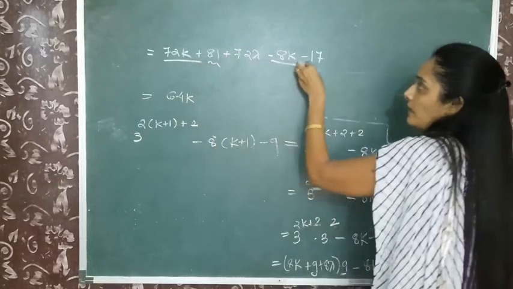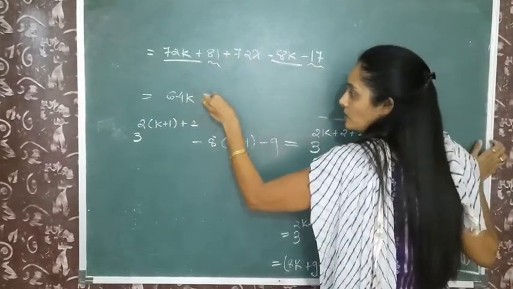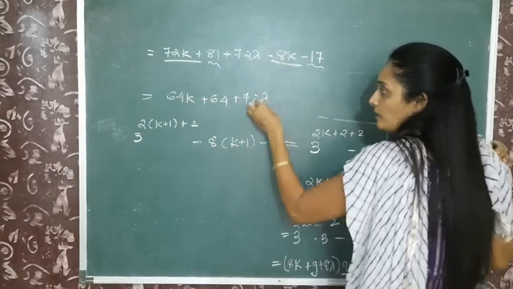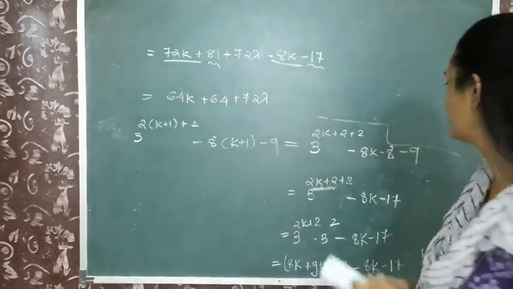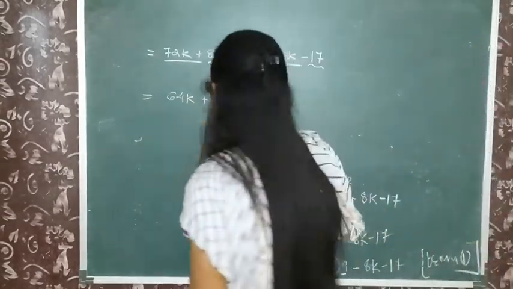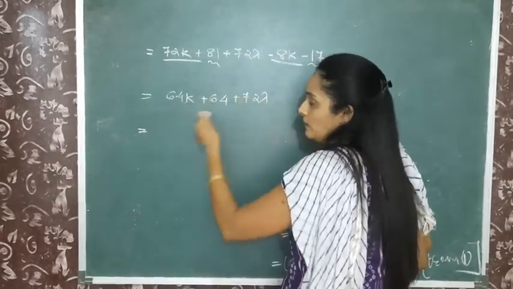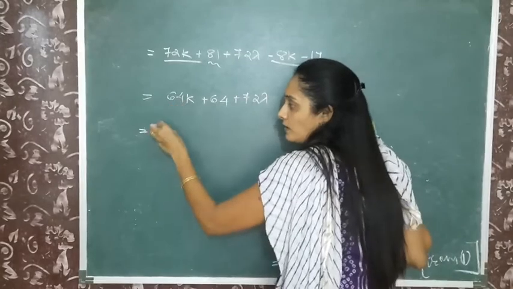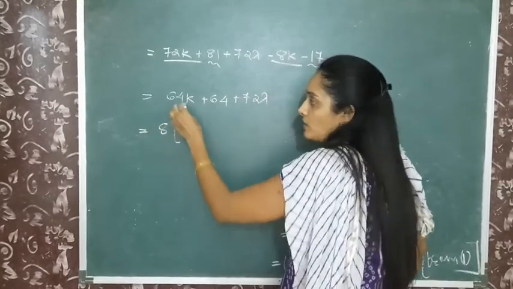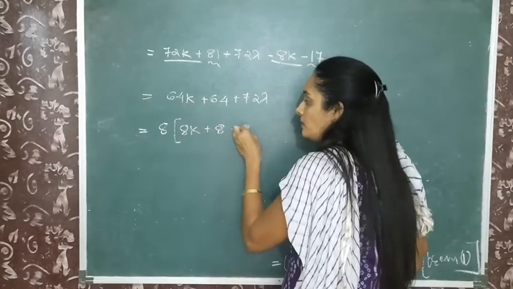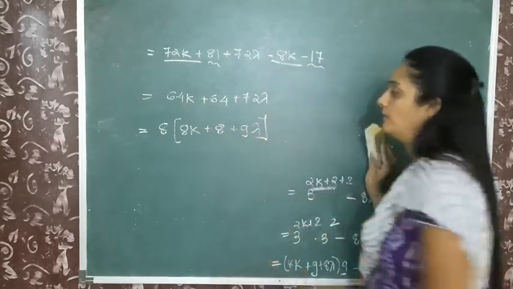81 minus 17, so 64, and here 72 lambda. And you can see all terms have 8 as a common factor, so we can take 8 as common. So here 8 times (8k plus 8 plus 9 lambda).